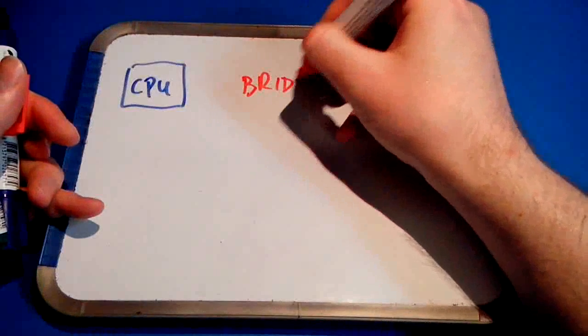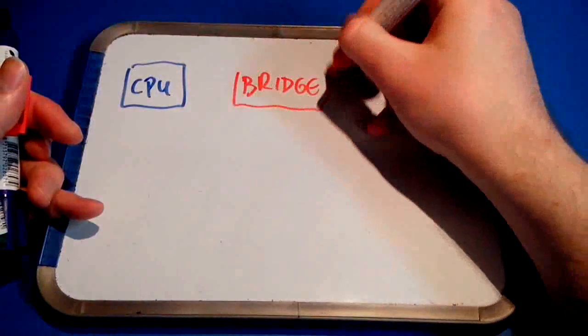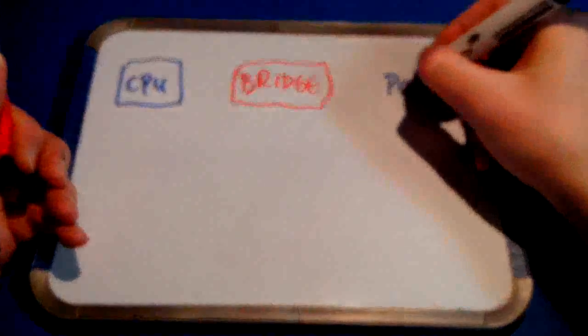So let's draw this a bit differently, a bit simpler, namely like this: CPU, bridge, and PC.